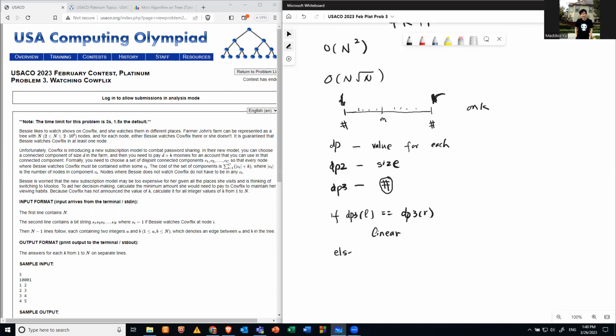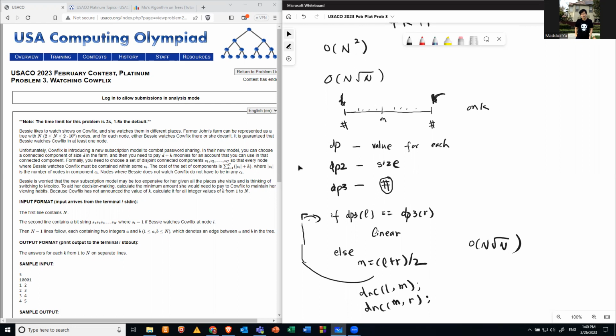If not, then I take the middle, m equals left plus right over 2, that is divide and conquer. Then I iterate, so basically I do divide and conquer on left and m, then I do divide and conquer on m and right, right? So that is O of n square root n.